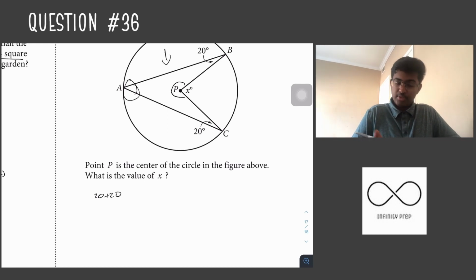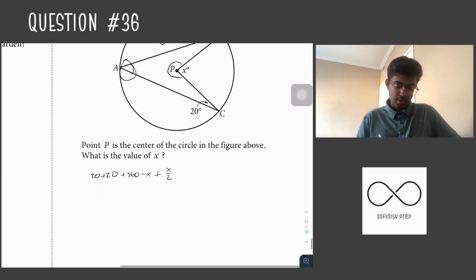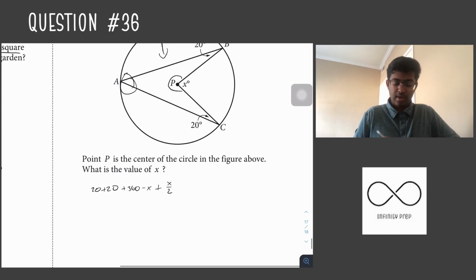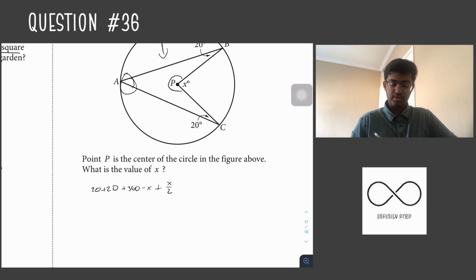So the one that's opposite to x is 360 minus x, so plus 360 minus x plus, and angle A is half of x, x over 2. This is a rule. The inscribed angle is always half of the central angle that intercepts it.